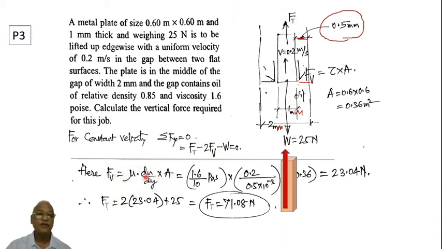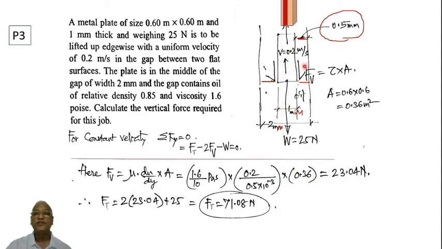Area is also calculated, right? This mu is given as 1.6 poise, divided by 10 gives you Pascal seconds. Du by dy can be taken as V by T. The V is 0.2 meter per second, the velocity, divided by this thickness of the oil film, 0.5 mm converted to meters, multiplied by area. The area is 0.36.